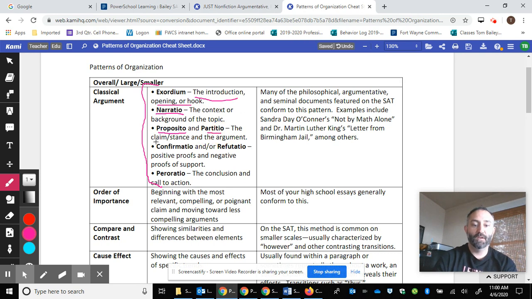The proposito is the claim or stance that is the main overall stance that the person is taking. And then the partitio is to break it up into its parts. Dr. King uses this both in the letter from Birmingham jail and in his speech on the war in Vietnam, because he lays out a numbered list of why he did what he did, or his claim or stance.